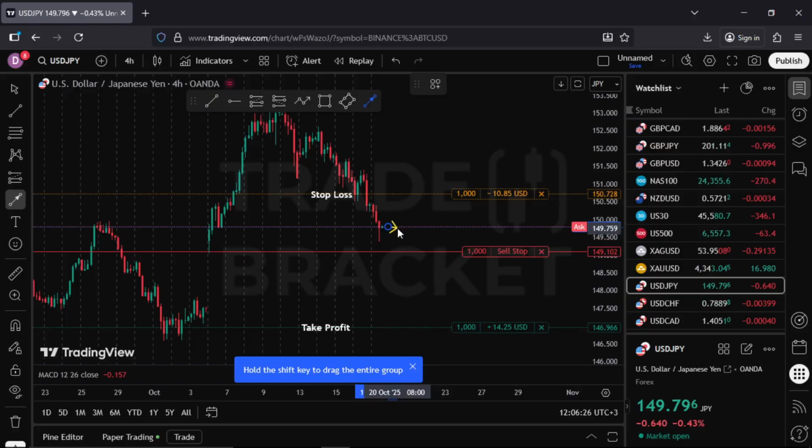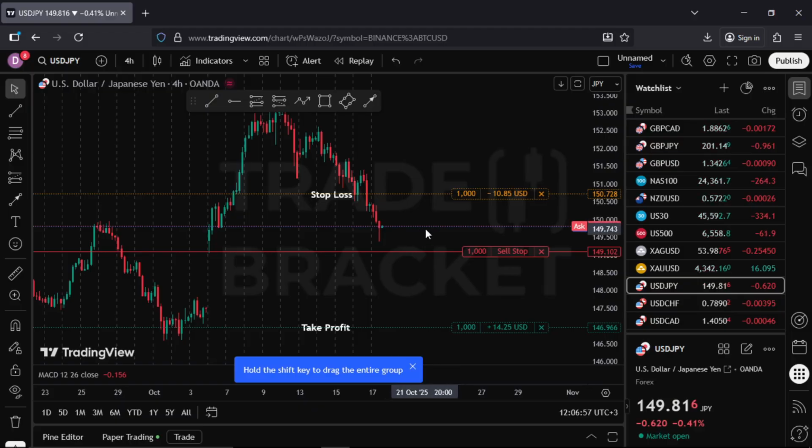So if price is currently here and comes and hits my sell stop line, the trade will be executed. If it reverses and goes all the way up and hits my stop loss line, I will exit the trade with a loss. Now, to put it easily, your sell stop order is an order you place below current market price.